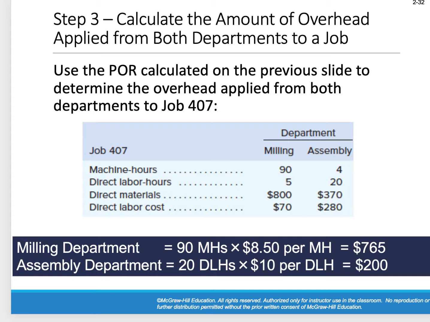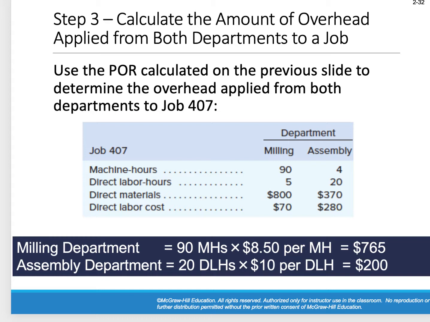Okay, so to apply overhead from the milling department to this job, we need to first say, okay, how many machine hours did we use for this job? 90. Great. We need to multiply that by the predetermined overhead rate for the milling department, which we already figured out was $8.50.